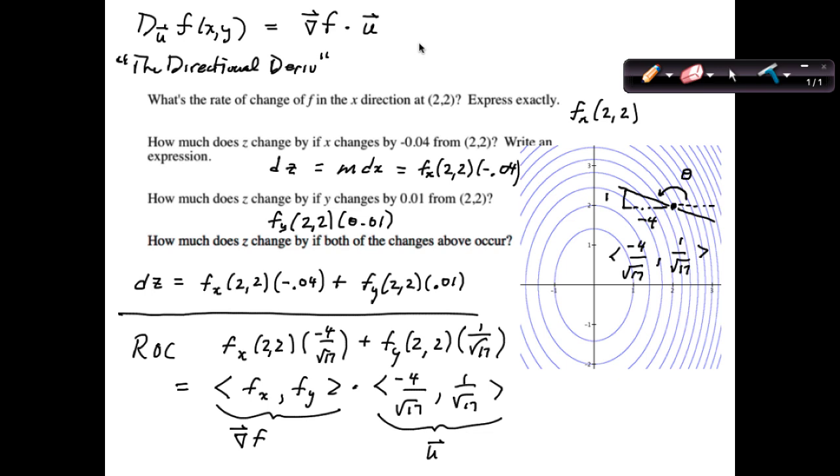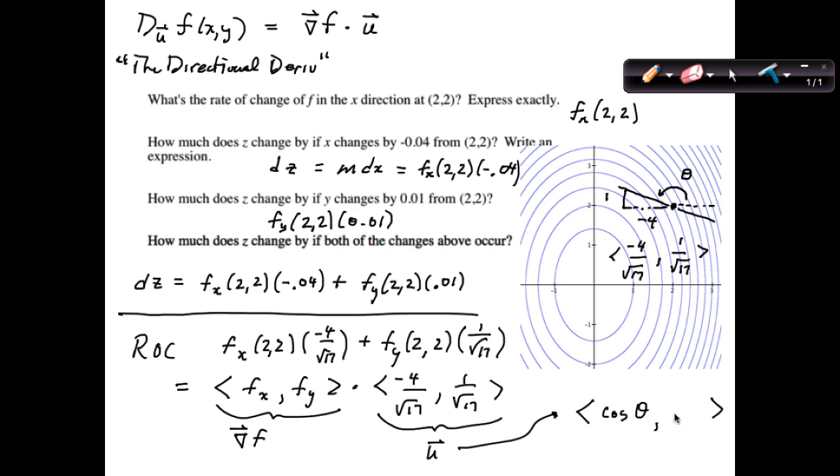Okay, so u could also be expressed, right? An alternative way to express u is through theta, right? So it's any way you can express the unit vector in that direction. So we can do it as in components or using theta. And so what would be using theta? Cosine theta and sine theta, right?